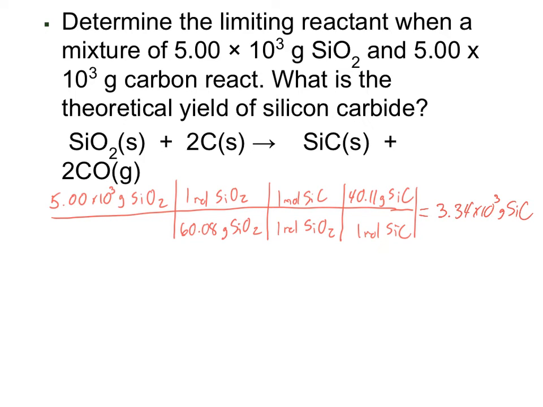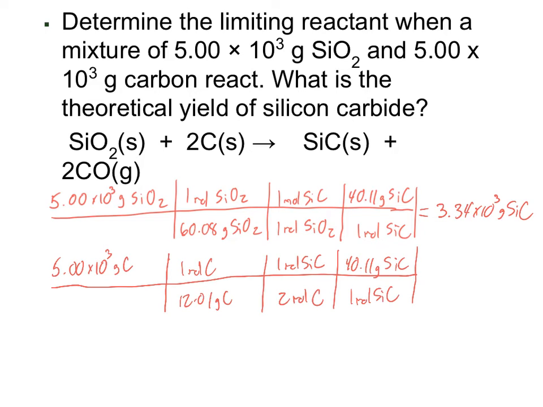Next, we're going to work through the entire calculation and find our theoretical yield of silicon carbide based upon our starting amount of carbon. And in doing so, we find that that amount of starting carbon will theoretically produce 8.35 times 10 to the third grams of our silicon carbide.